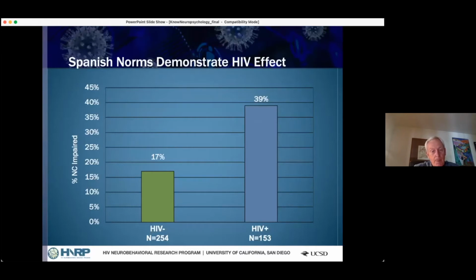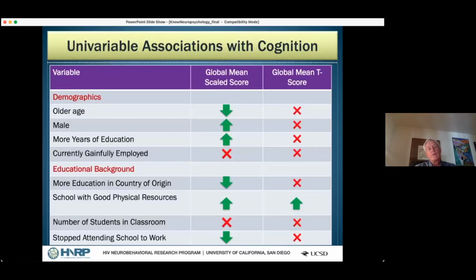Next. So we also wanted to ask whether background characteristics other than the basics, age, education, and sex, might have been important as well.